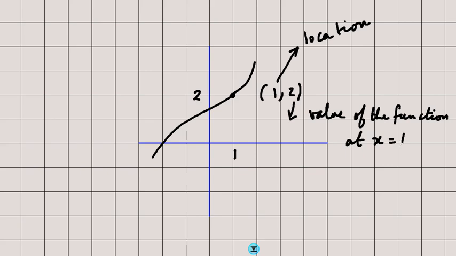And both of them together, this ordered pair, is called the coordinates of this particular point. So remember, location is the x-axis. The value of the function is the y-coordinate. And both of them together are called the coordinates of the point.